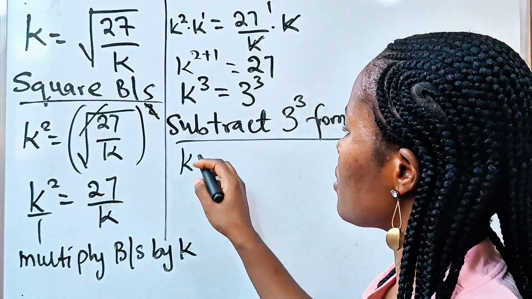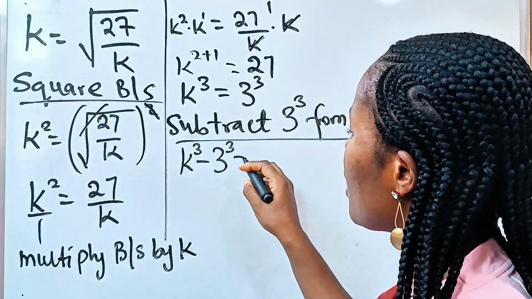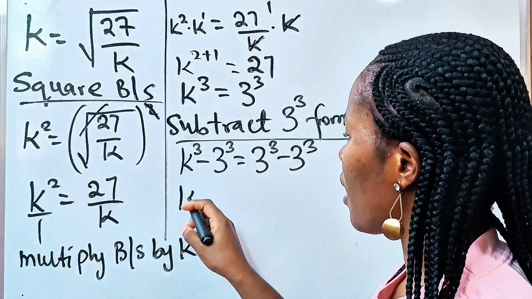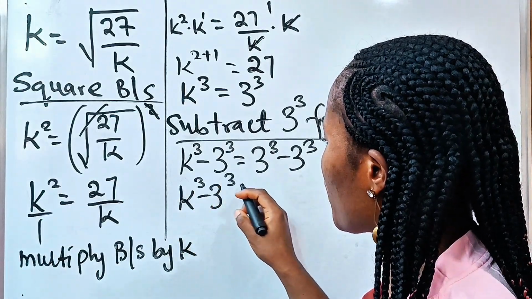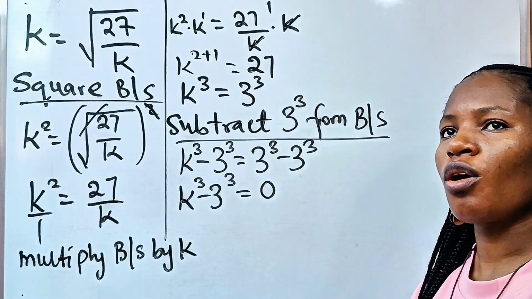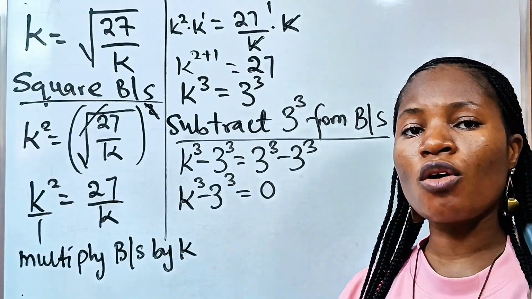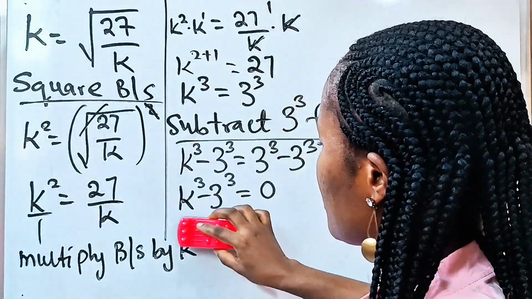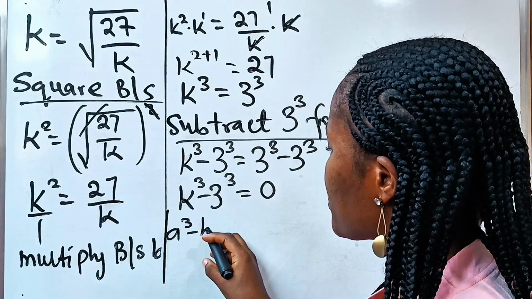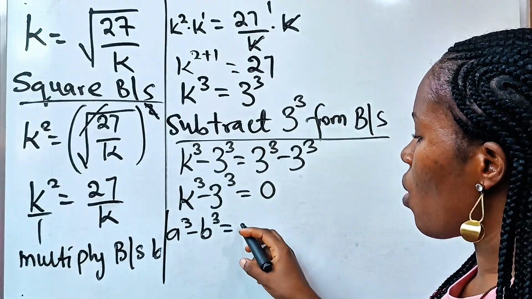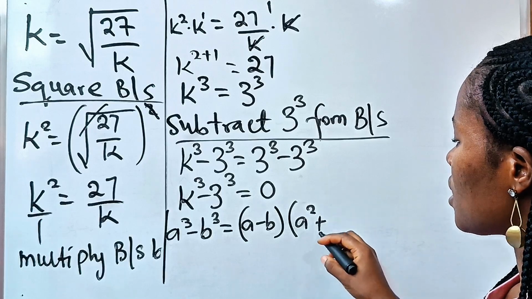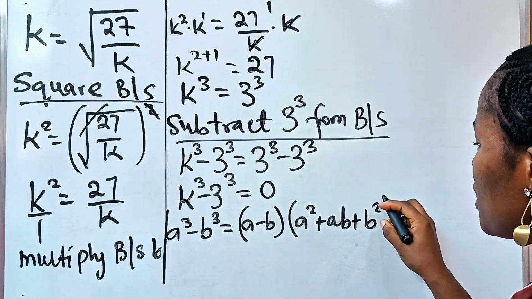So we are going to have k to the power of 3 minus 3 to the power of 3 is equal to 3 to the power of 3 minus 3 to the power of 3. So we have k to the power of 3 minus 3 to the power of 3 is equal to 0. Now, we are going to recall this law, it's not a law, it's an algebra identity, that states that a to the power of 3 minus b to the power of 3 is equal to (a minus b) multiplied by (a squared plus ab plus b squared).